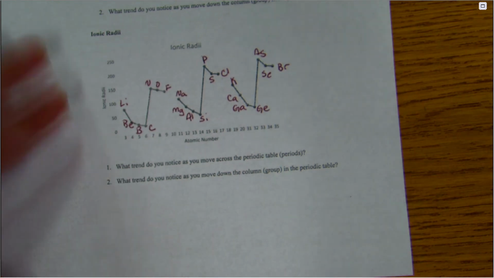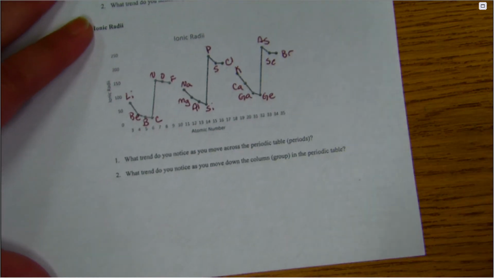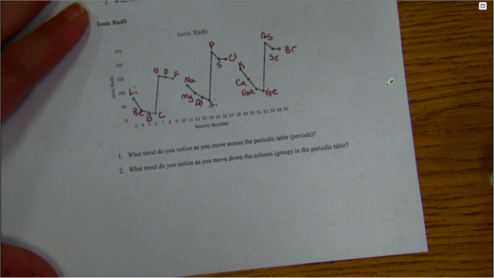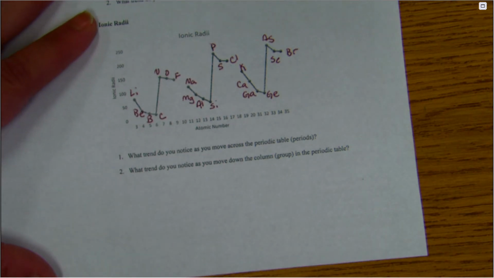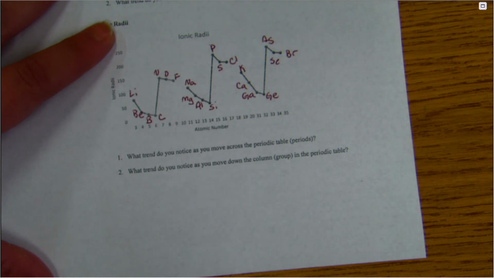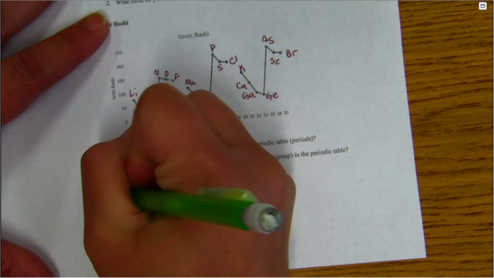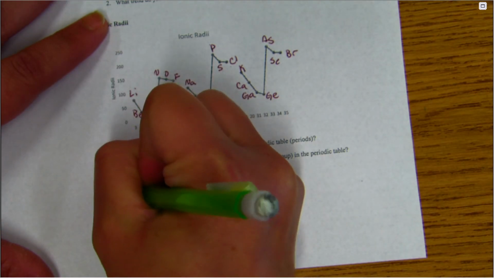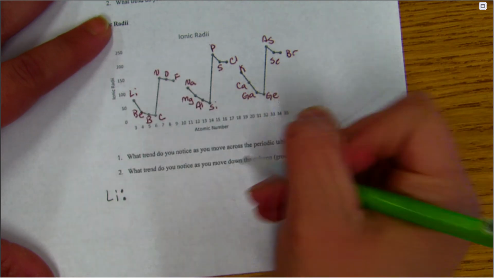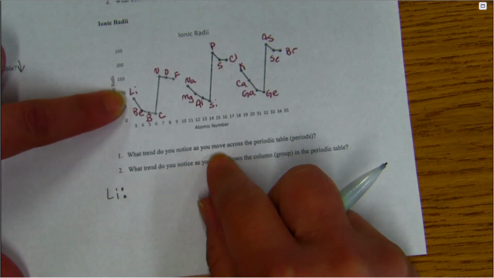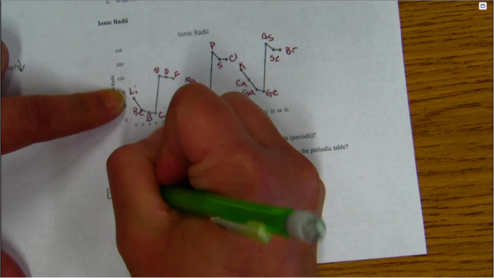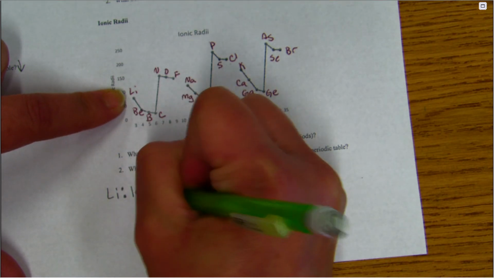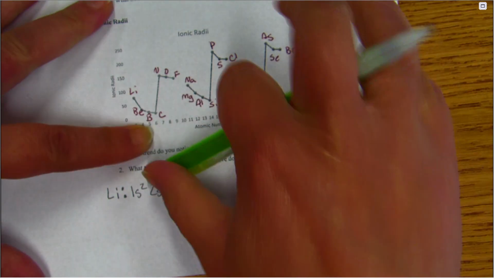In order to describe that, we're going to look again at our electron configurations. If I was to draw the electron configuration for a neutral atom of lithium, it is 1s2, 2s1.